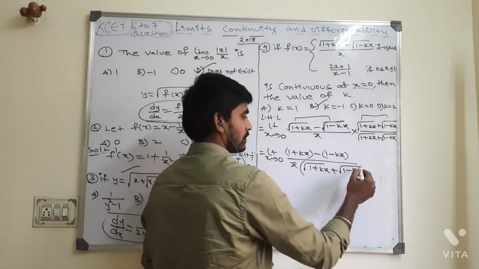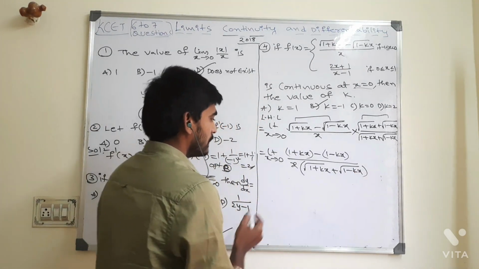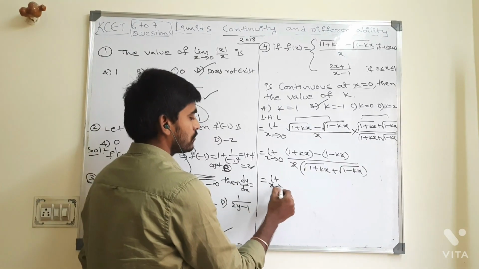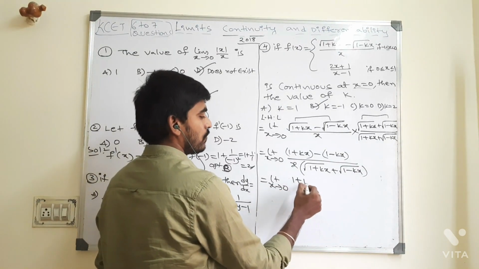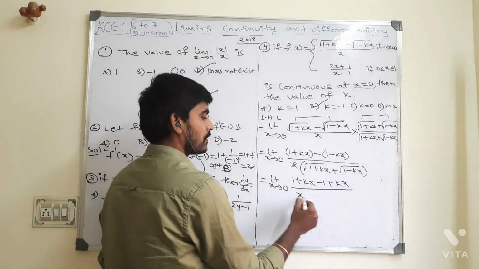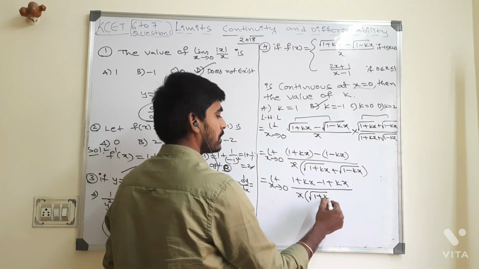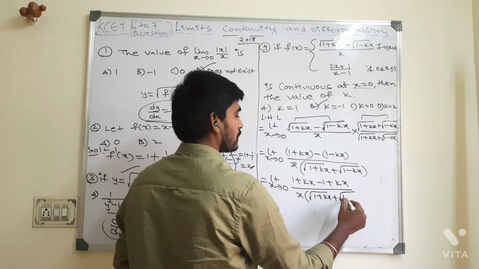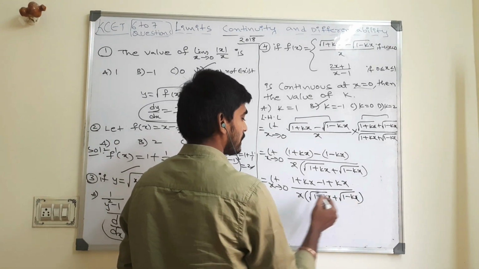You check it out. Limit x tends to 0, 1 plus kx minus (1 minus kx), x into square root of 1 plus kx, square root of 1 minus kx. This gets cancelled.